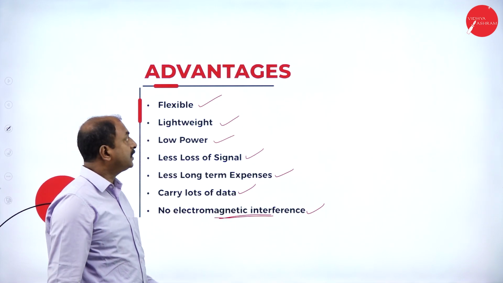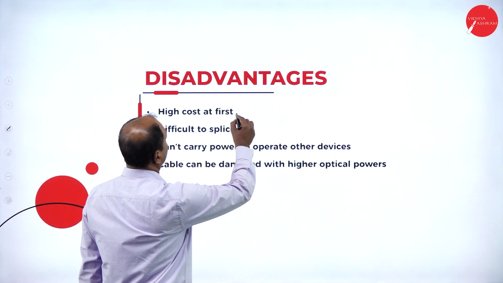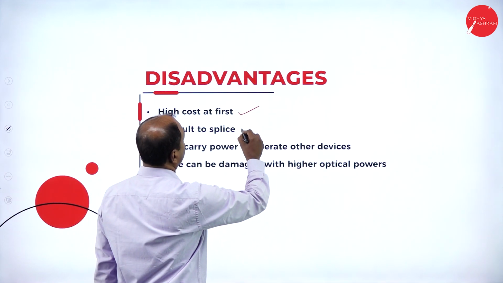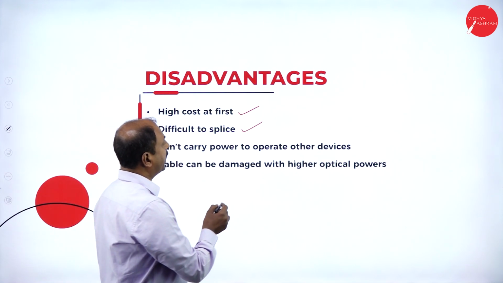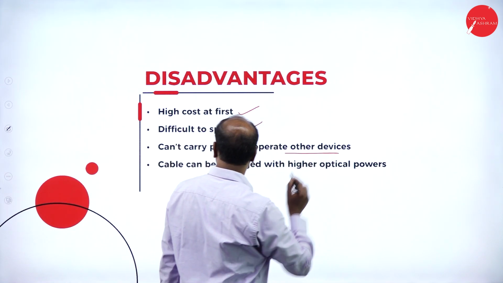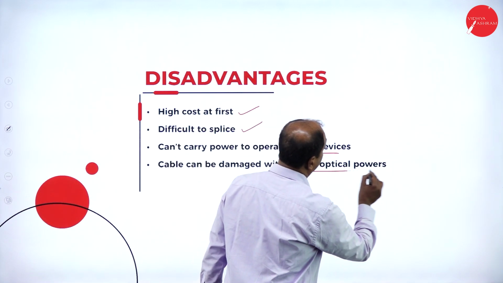These are the advantages. And what are the drawbacks of this? Disadvantages: high cost at first, difficult to splice or installation is very difficult, it cannot carry power to operate other devices, and the cable can be damaged with higher optical powers.